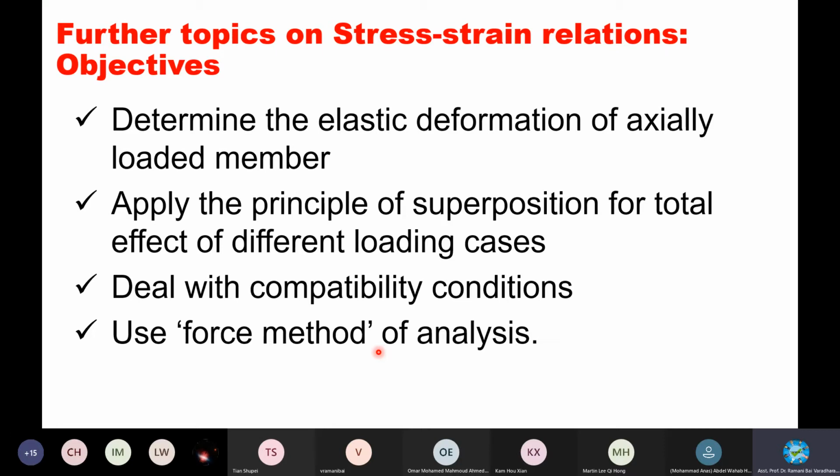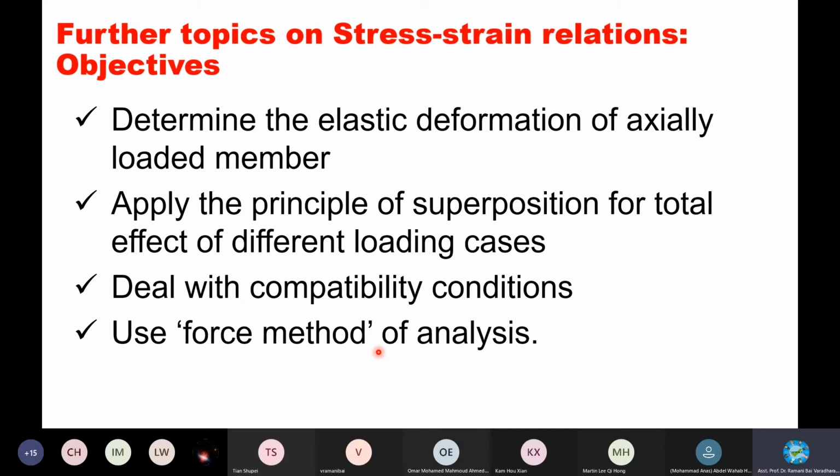We are talking about how the member yields, what the deformation is, what the difference in shape and also in cross section is, isn't it? So we are talking about the material's internal properties, either cross section or length or shape. What happened to the cross section, whether it is increasing or decreasing.